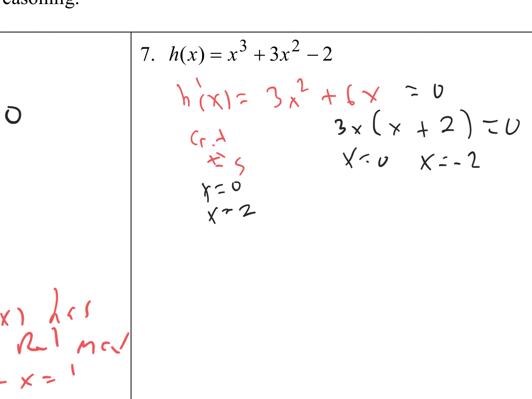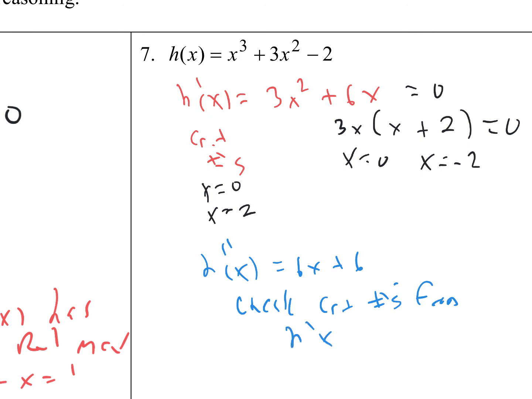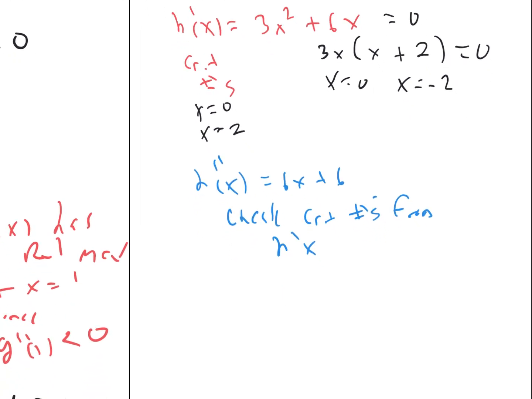Find my second derivative now. This is just another way of doing extrema. H double prime of x is equal to 6x plus 6. I don't set it equal to 0. I check my critical numbers from h prime of x. That's what I'm doing here. So I'm going to do h double prime of 0.